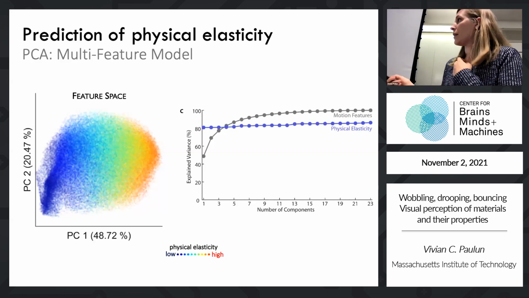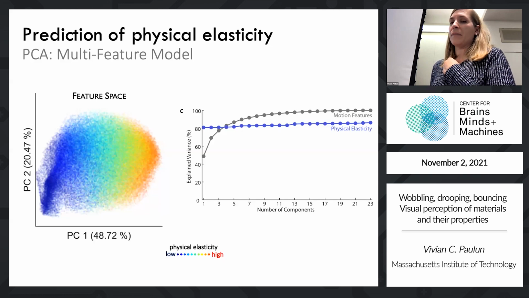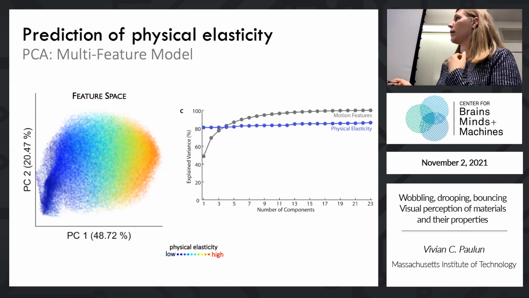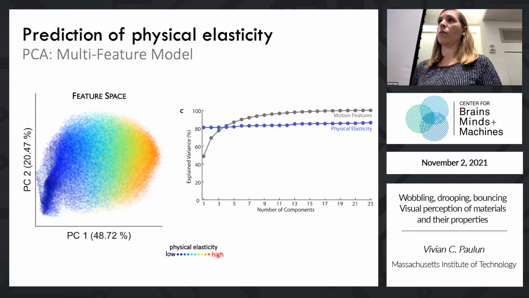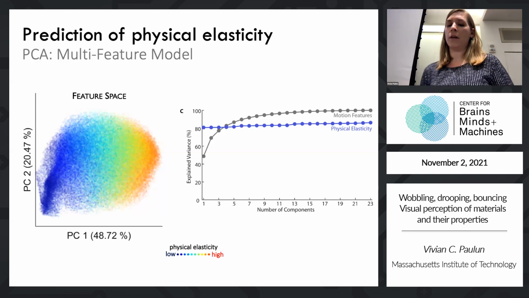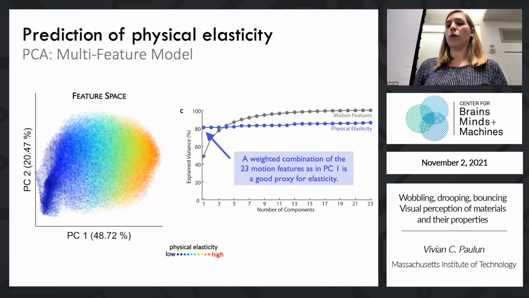And this line here shows that the explained variance in terms of physical elasticity doesn't increase if we add more principal components. So this single component is enough to explain most of the variance. A weighted combination, as in this principal component, seems to be a good proxy for elasticity. So I'm going to treat this now as our predictor for elasticity.